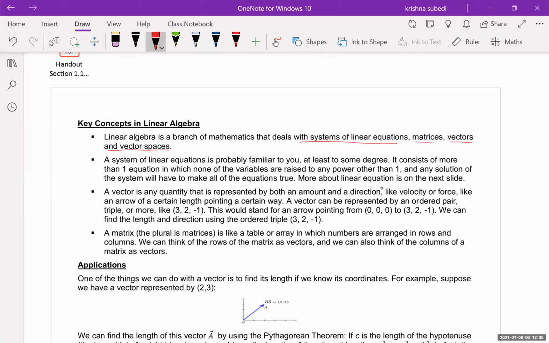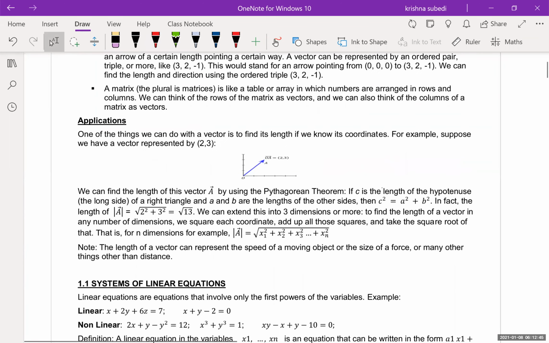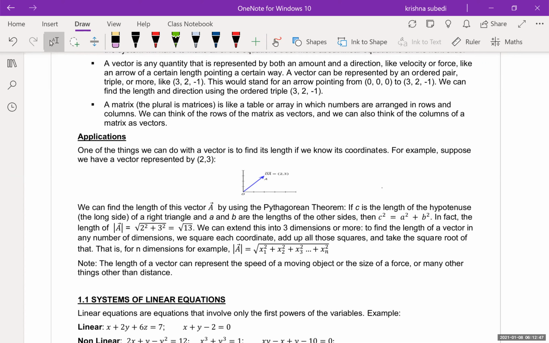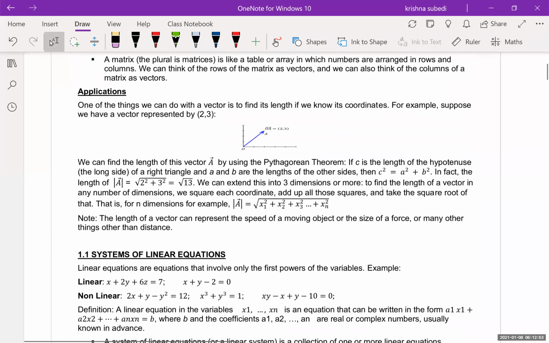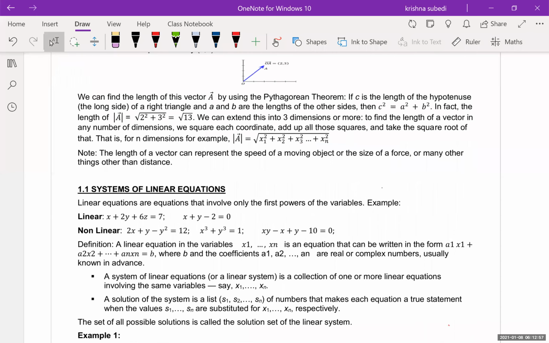These are the most important concepts that we'll be dealing with. Linear algebra has application in science, engineering, economics, business, and everywhere. In many fields, you will find the application of linear algebra.